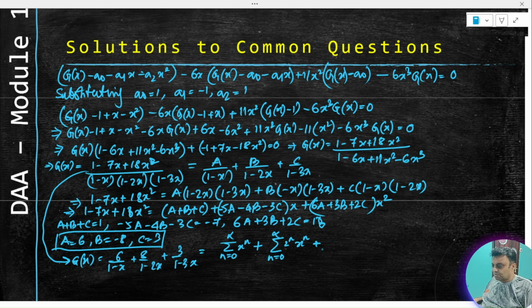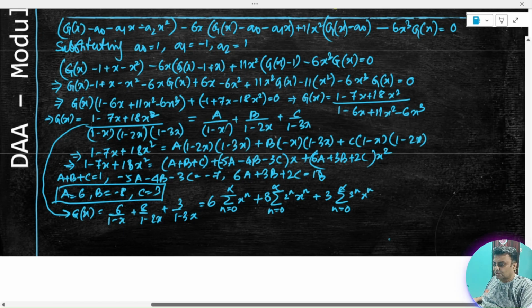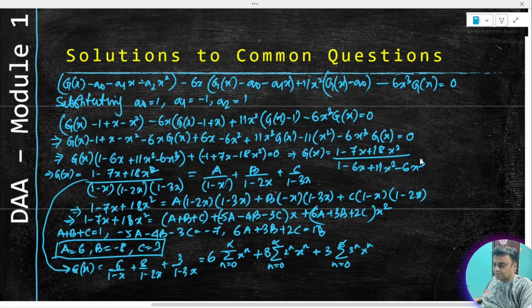So this is going to look like, and then we have this as 6, this as 8, right? And this as 3, sigma of n equal to 0 to infinity of 3 to the power of n x to the power of n, just similar to the last problem. So I hope you can understand this part.